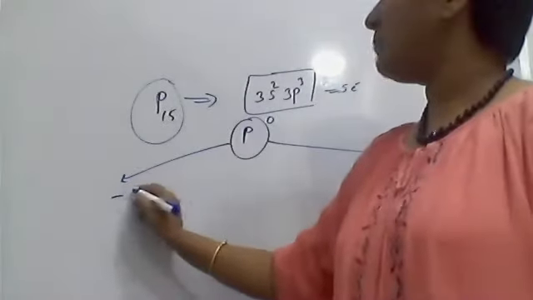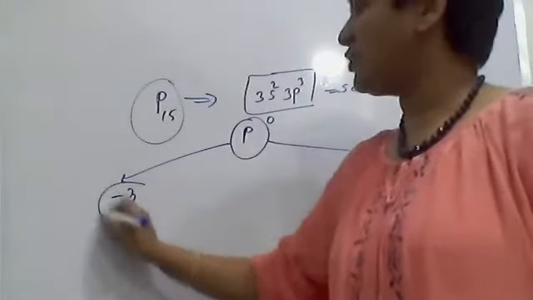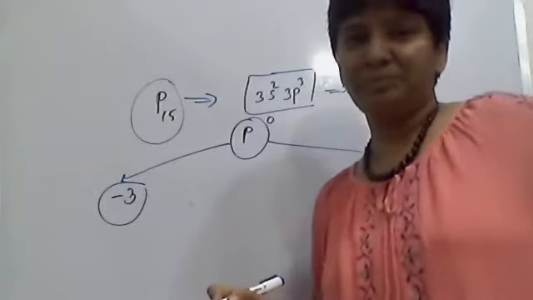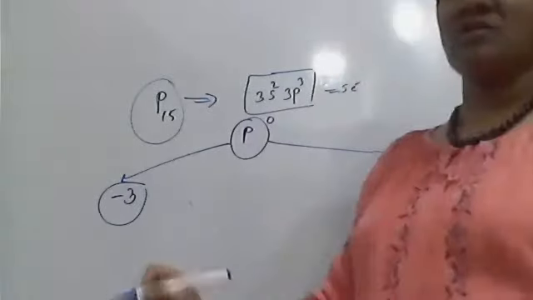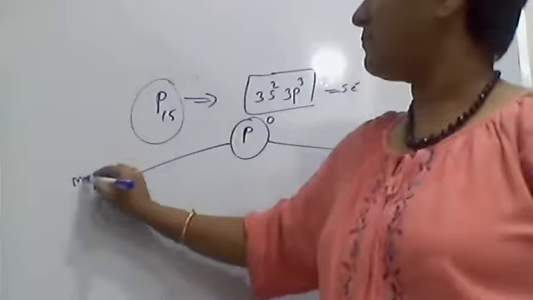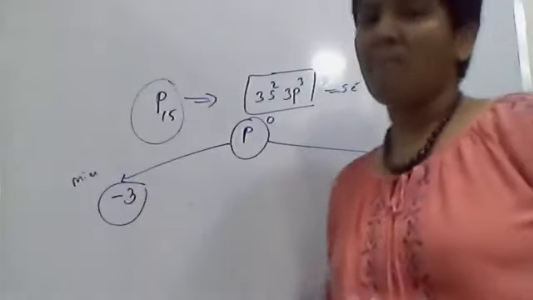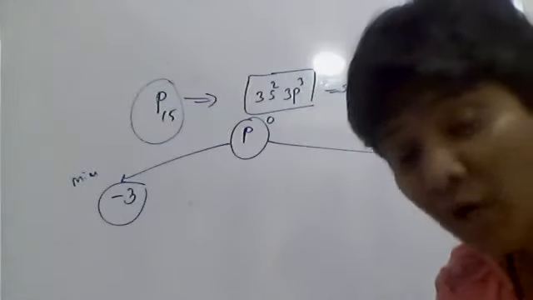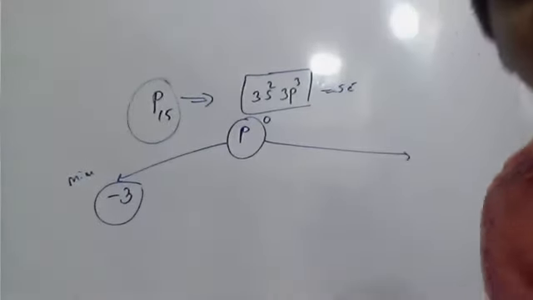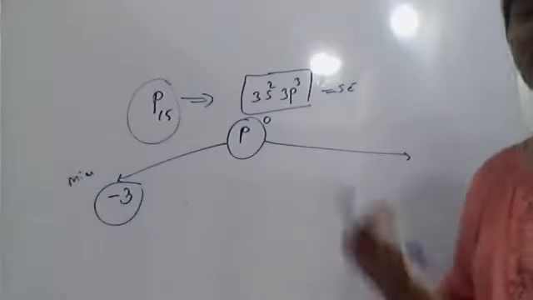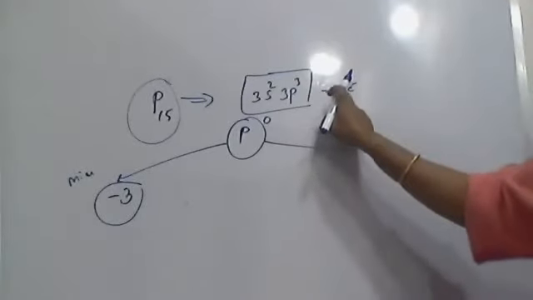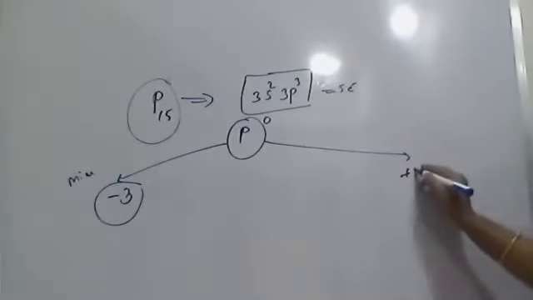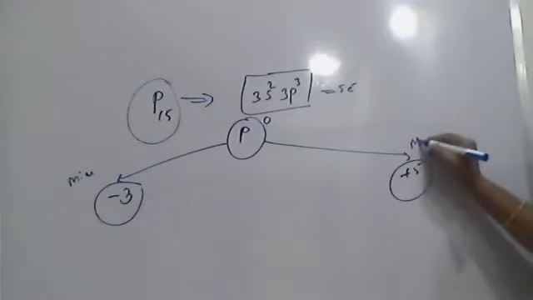By gaining 3 electrons, it can show -3. The minimum oxidation state for phosphorus is -3. What will be the maximum oxidation state of phosphorus? By loss of all 5 electrons it can exhibit +5, which is the maximum.